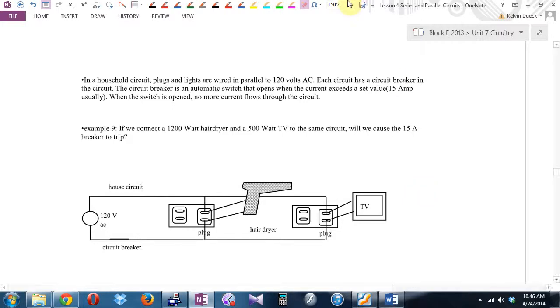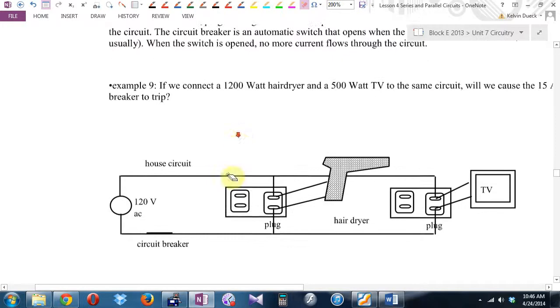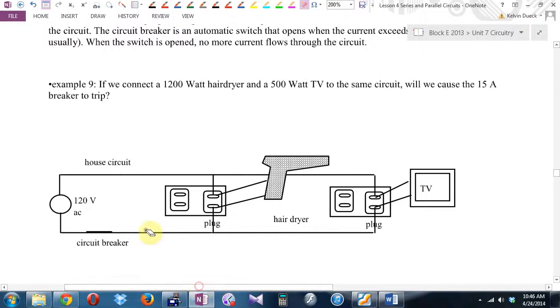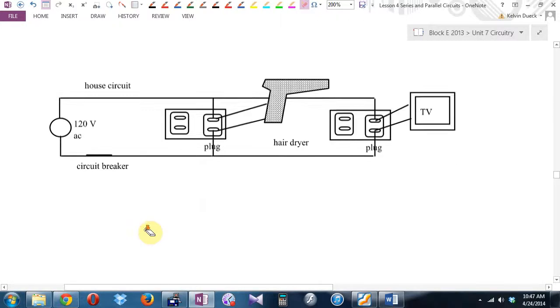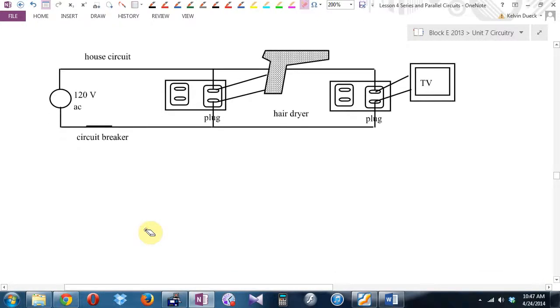So, example 9. If we connect a 1500 watt hair dryer and a 500 watt TV to the same circuit, will we blow the breaker? Here's our circuit. Let's redraw it as a schematic. Now, we are using an AC voltage source, but the physics still works.